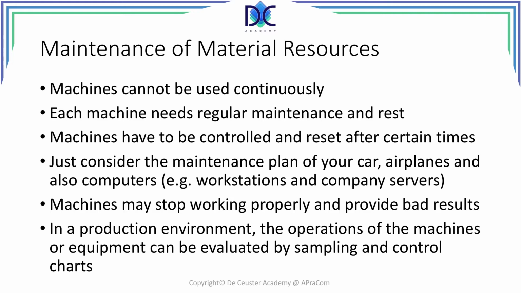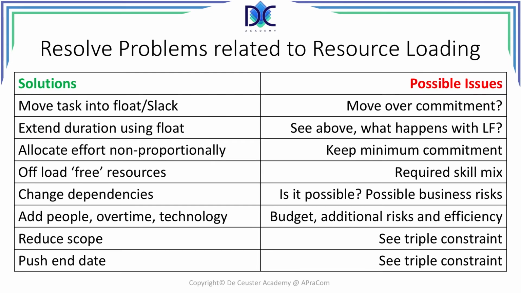Those parts may destroy machines and make an immediate repair impossible. In a production environment, people know that maintenance is important and the operation of machines can be evaluated by sampling and control charts. Let's have a look how we can resolve problems related to resource loading.